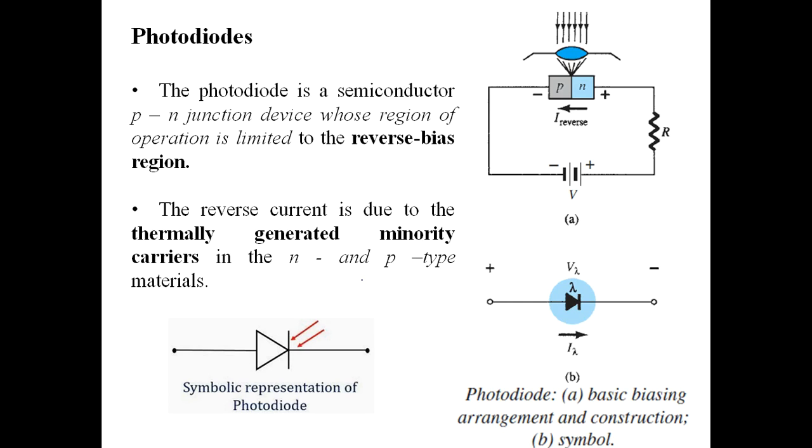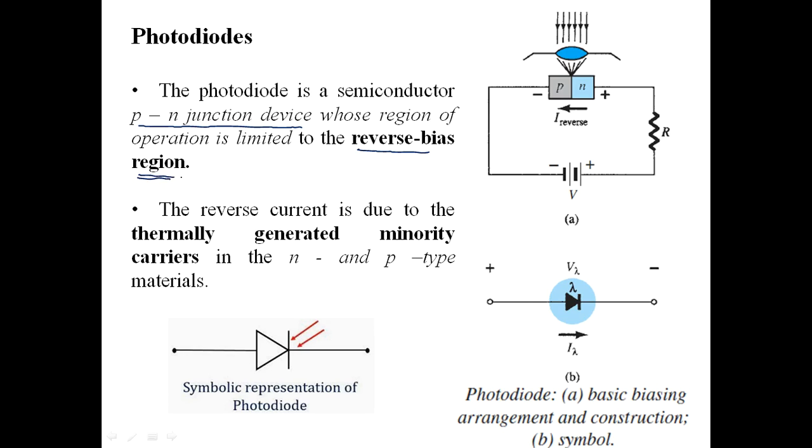But what about its construction and the working? Let us try to understand. A photodiode is a semiconductor PN junction device whose region of operation is limited to reverse bias. Something very interesting, right?